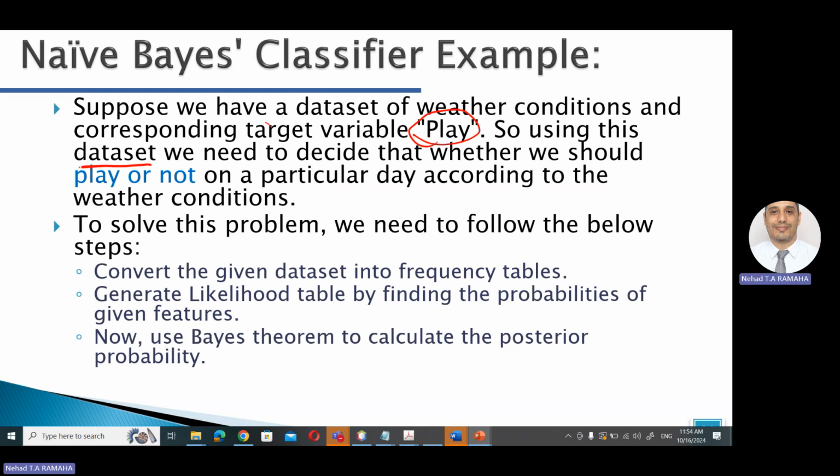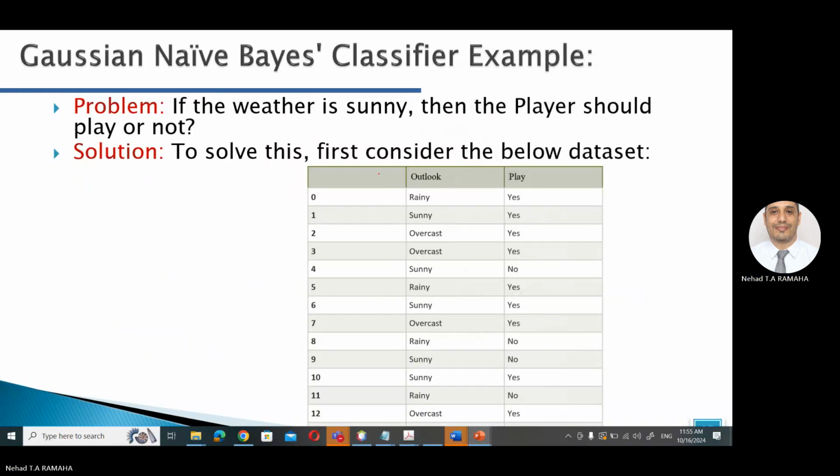So the decision is play or not play, according to some weather condition data. So it's yes or no here. We have this data set. So the problem is, if the weather is sunny, will we play or not?